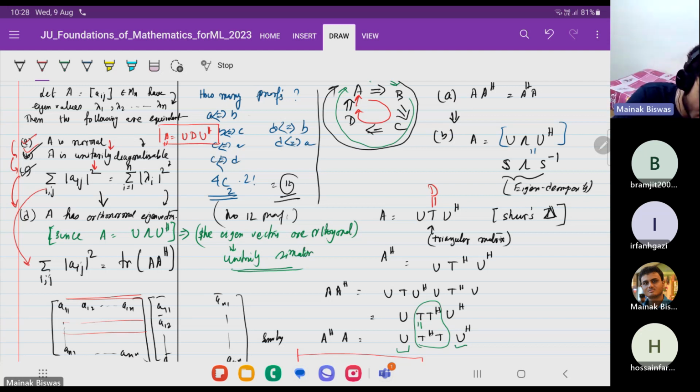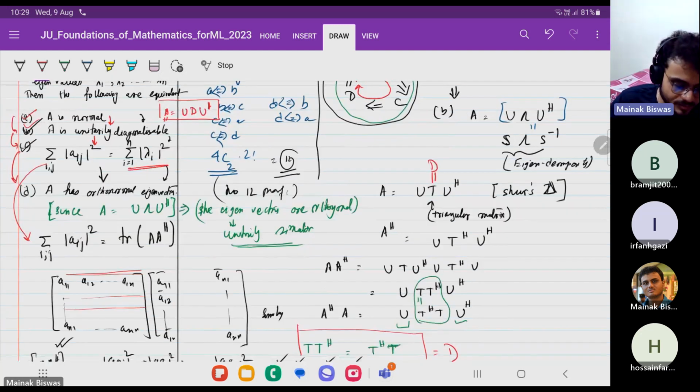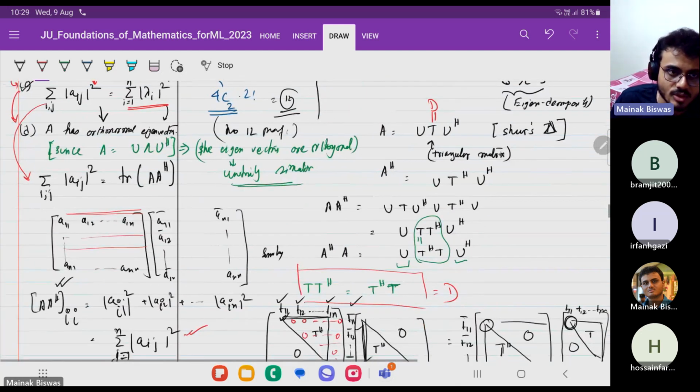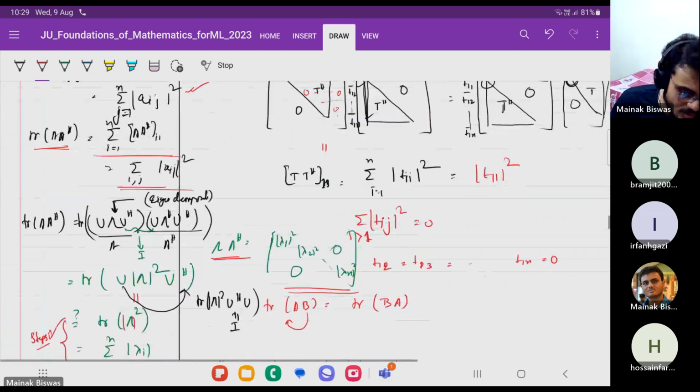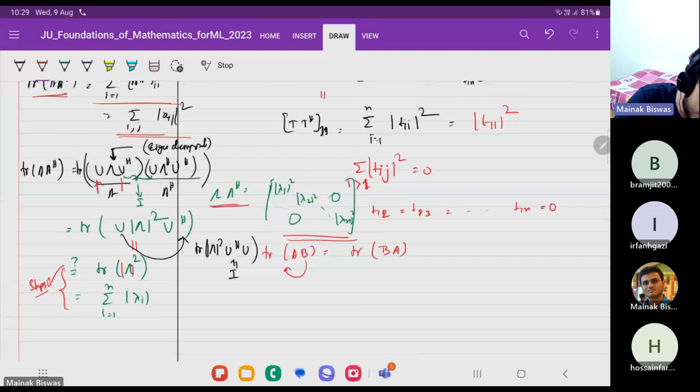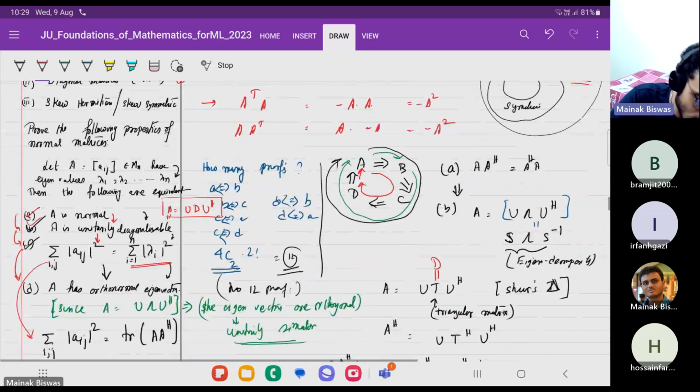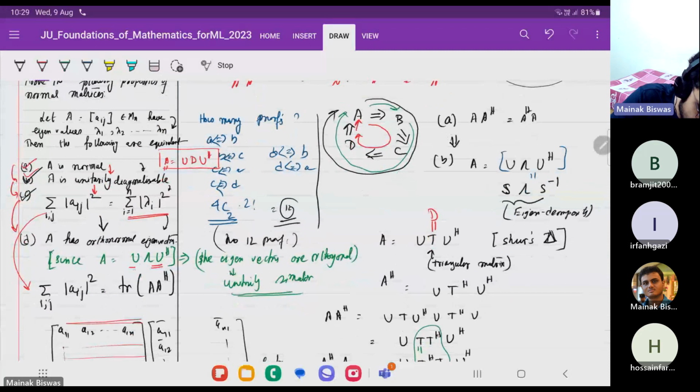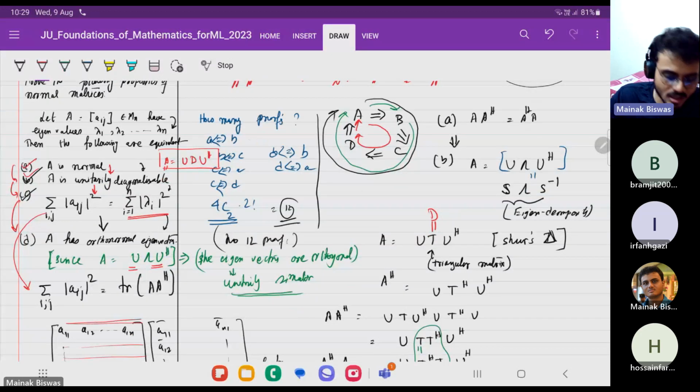Since it is the sum of the lambda i's, which we have obtained from the unitarily diagonalizable matrices, this is true for unitarily diagonalizable matrices, right? So that is true. What have we used? We have used these two as perpendicular, yes or no? Since they are perpendicular, we got the trace to be equal to this. Otherwise, we would not have got it. Yes or no?